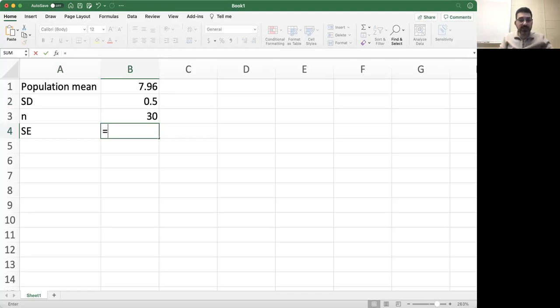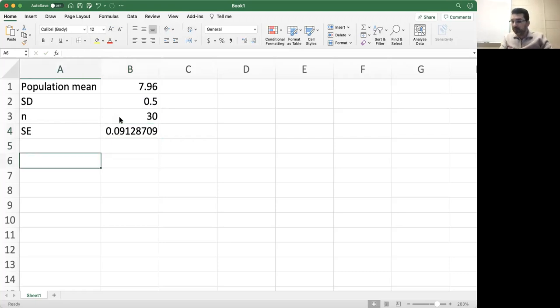You will divide the standard deviation by SQRT, the square root function in Excel. Sorry, it should be n, 30, as you can see here. So this is the standard error: 0.5 divided by square root of 30.